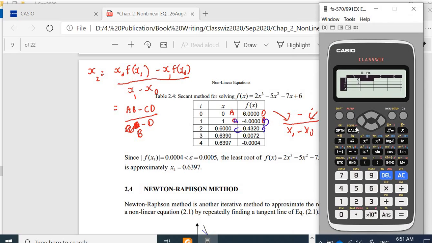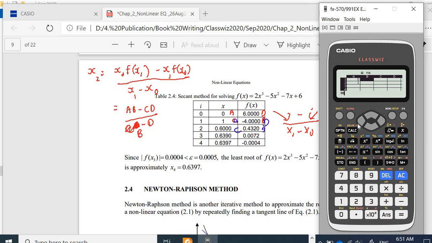To key in a formula, you see the red color equal. This is for you to input the formula in the spreadsheet. So I press alpha, then the key. I'm going to key in 2x cubed minus 5x squared minus 7x plus 6. Similar to Excel, we cannot use the red color variable x in the spreadsheet.